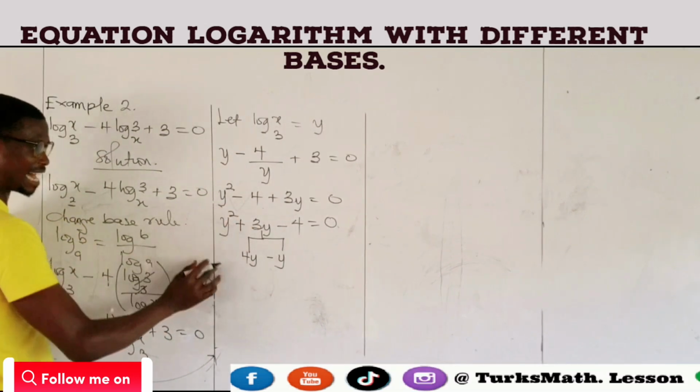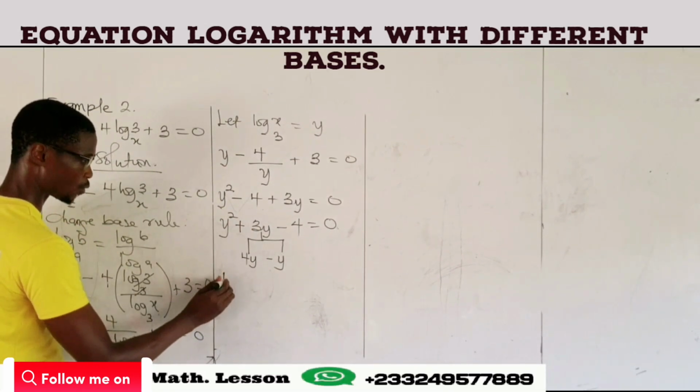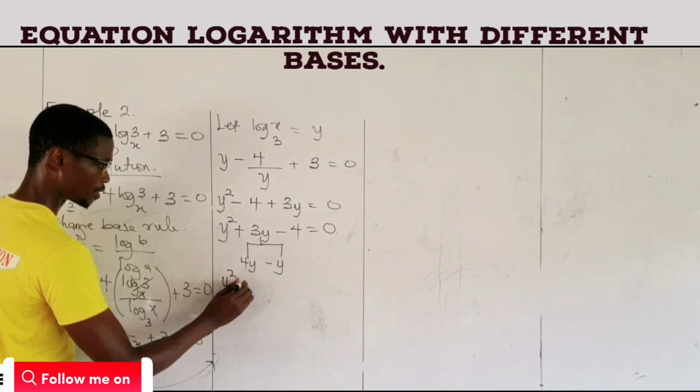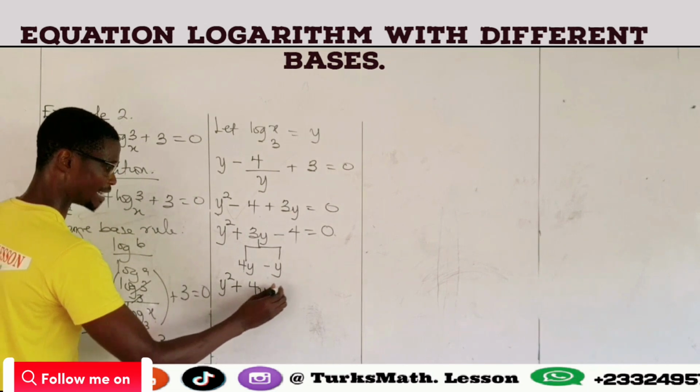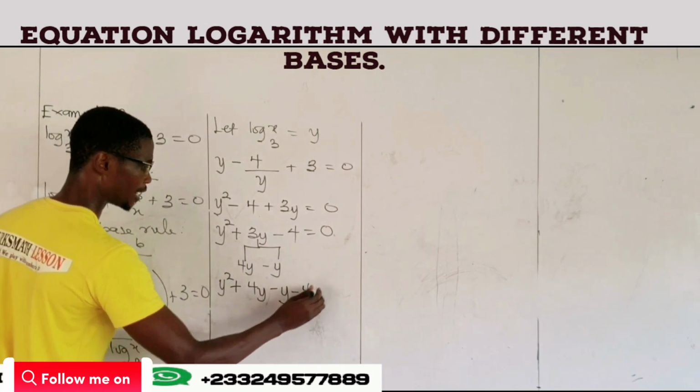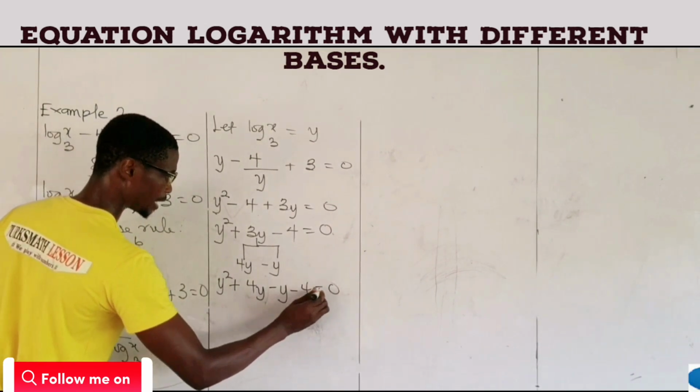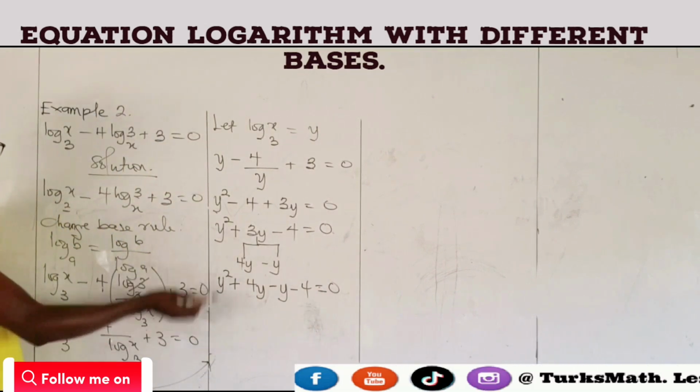So let's rewrite this as y squared plus 4y minus y minus 4 equals 0.